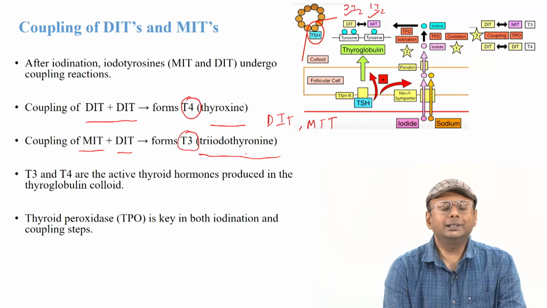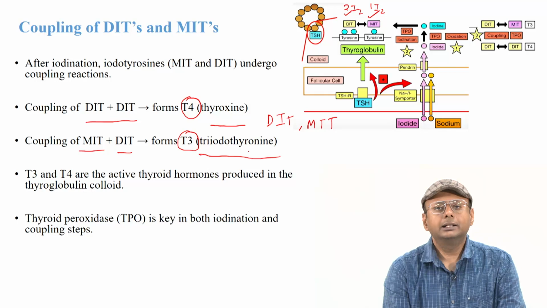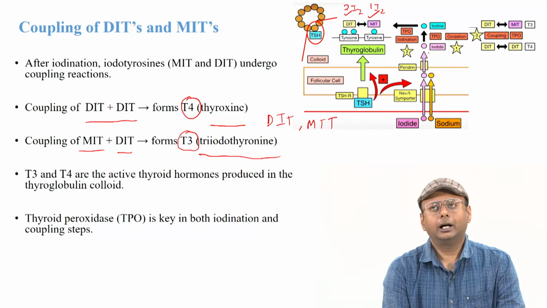Which enzyme again triggers this conversion? In the same way, the TPO enzyme, or the thyroid peroxidase enzyme, which is eventually triggering all these steps of iodine oxidation, then iodination followed by the coupling.